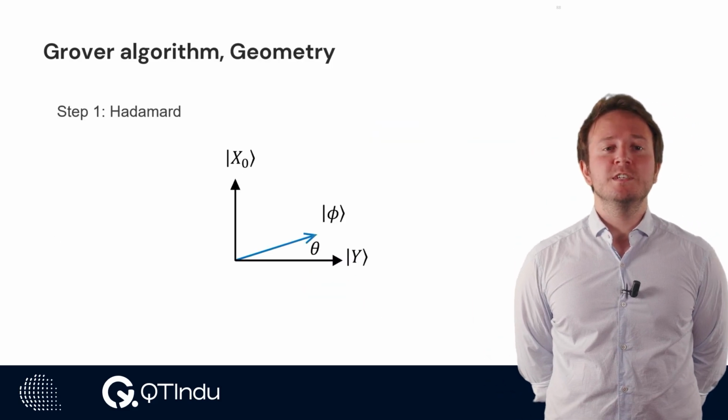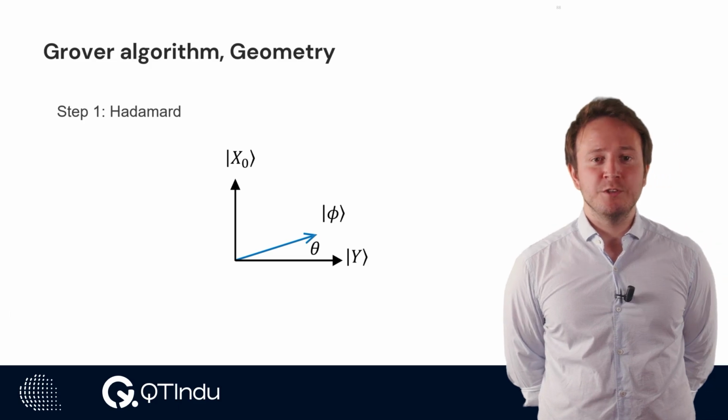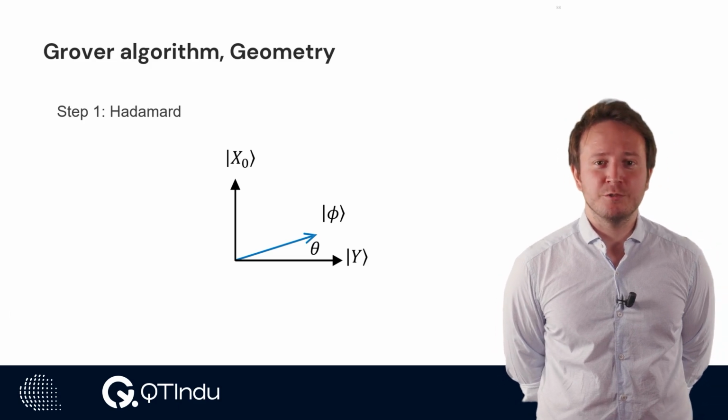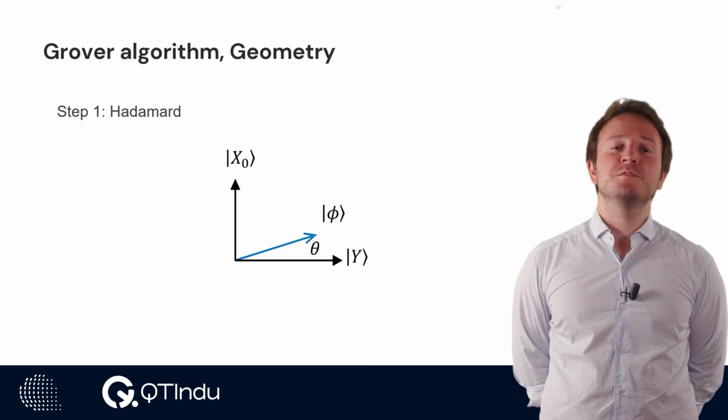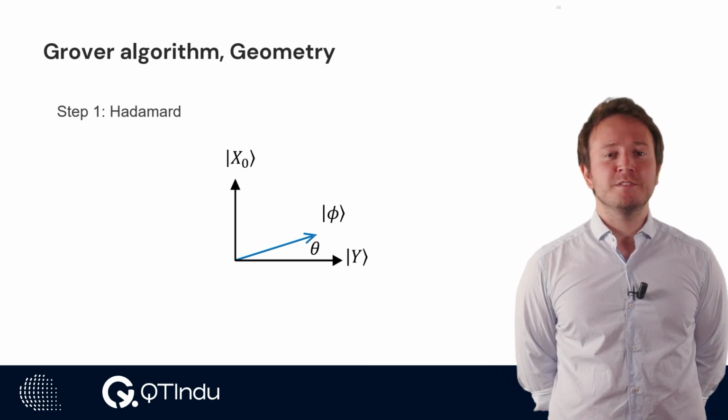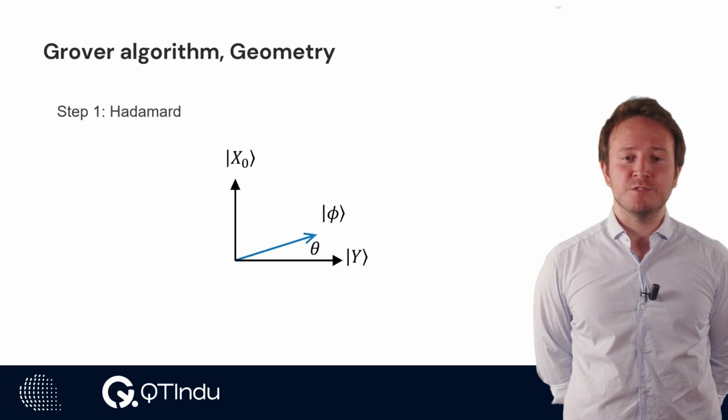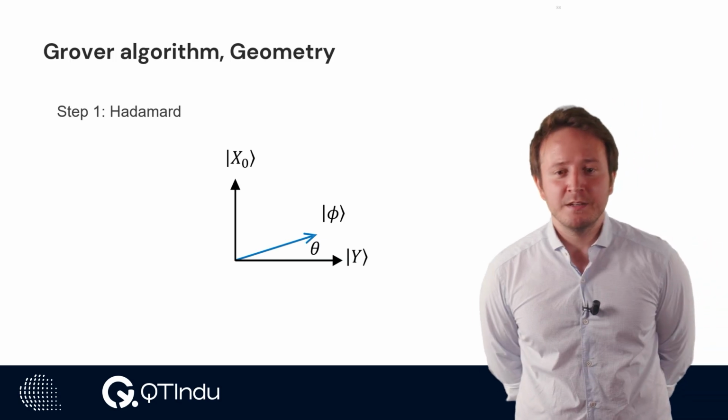So let us now see if we can have a more intuitive interpretation of what has happened during the Grover algorithm. For doing that, we will introduce a little bit of geometry, and we will reinterpret this algorithm as a rotation in a more visual way.